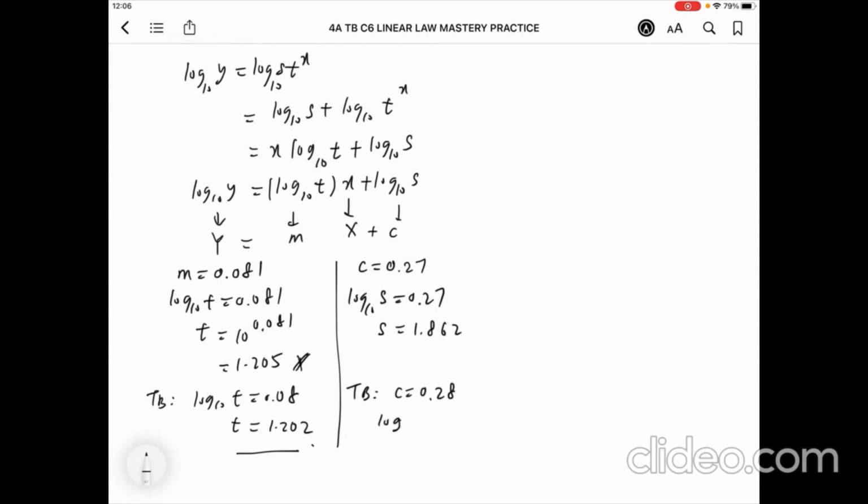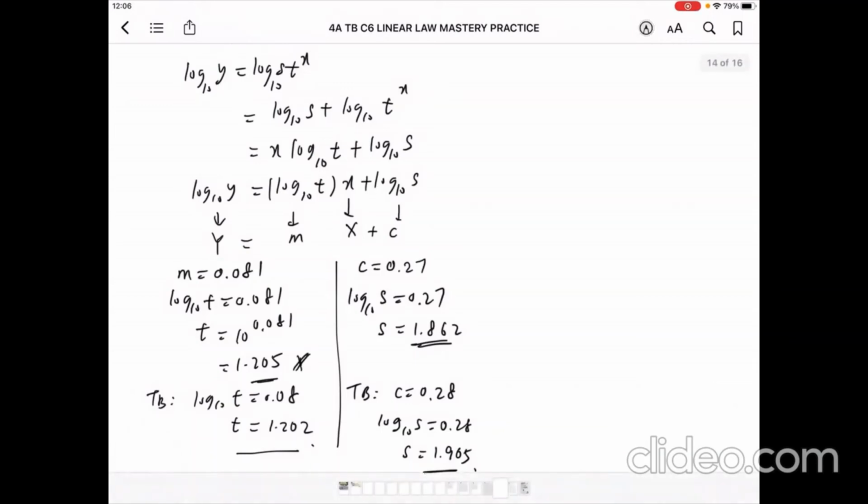Log 10 s is 0.28, and the textbook answer is 1.905. This is my answer, this is the textbook answer. Like I said, the most accurate is 0.274 from the calculator. I still have one more to go, guys.